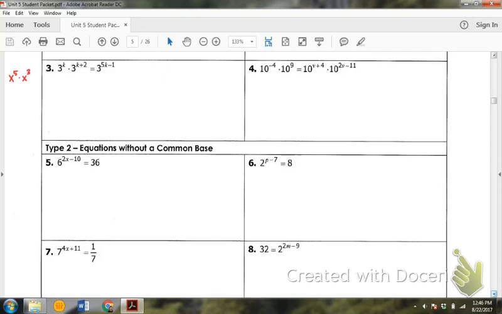Would you multiply them or would you add them? You add them. The dot in between them says multiply, but when the rules say you are multiplying, you're actually adding the exponents. So that would be 5 plus 3.